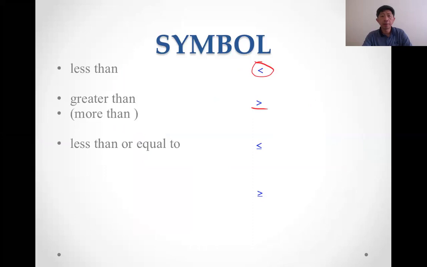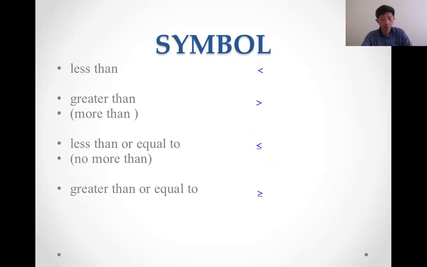This one is less than or equal to, or we can say no more than. The next one is greater than or equal to, or at least. So these are all the inequality symbols.